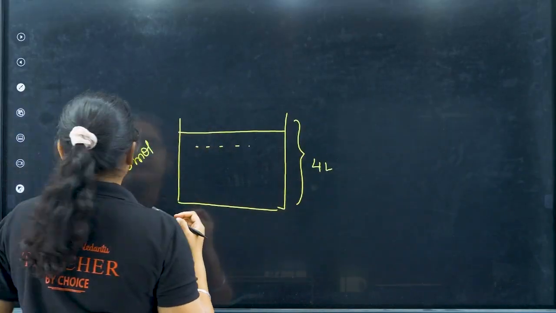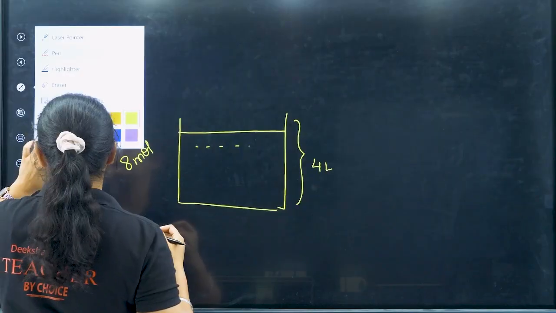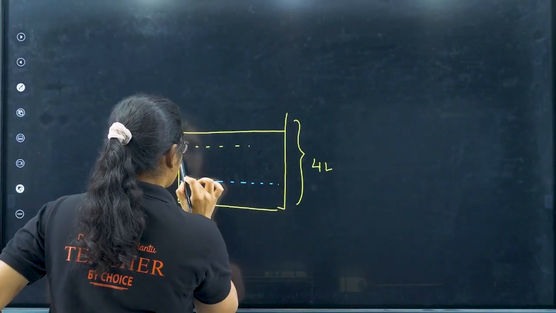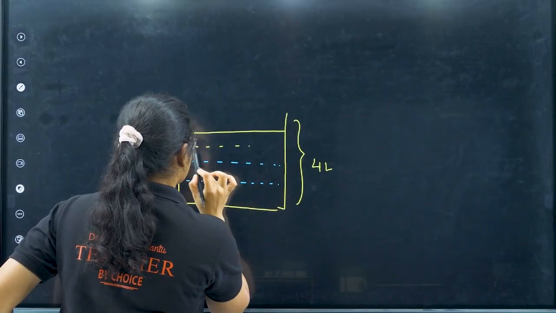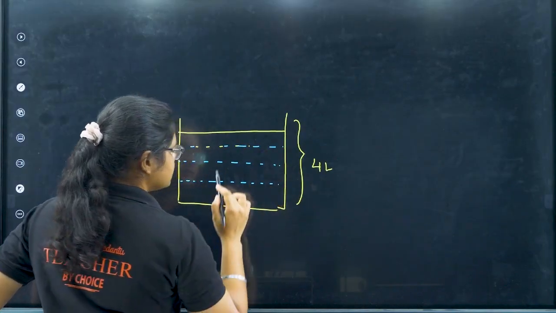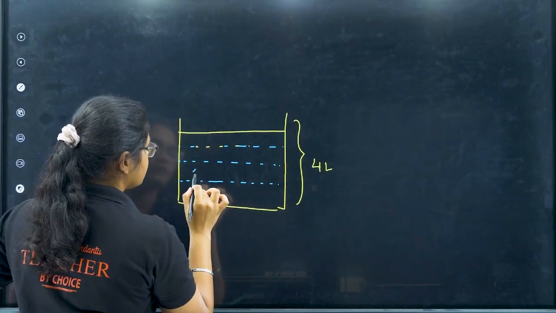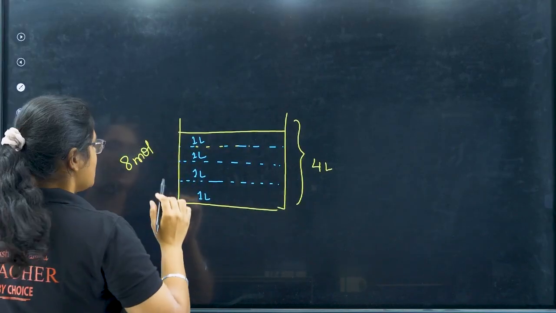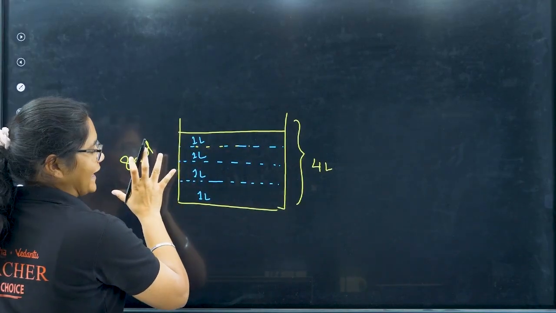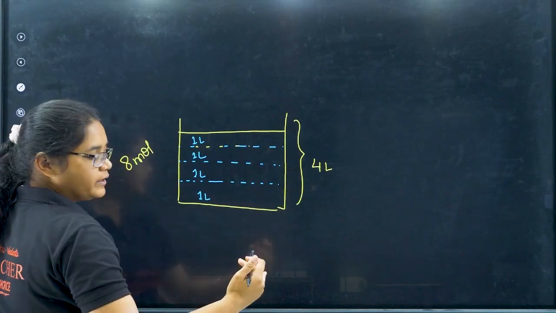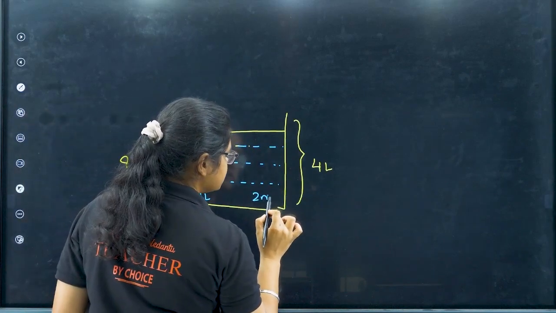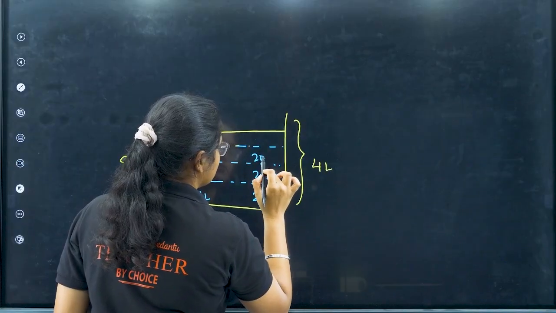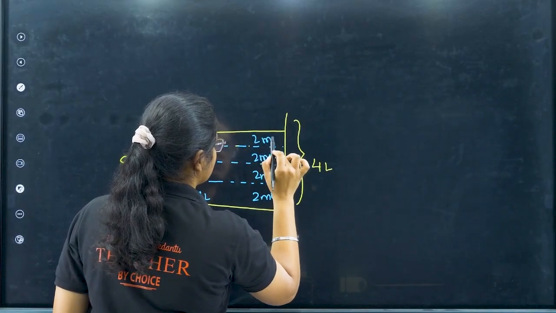How can I divide it? 4 liter means, suppose it is like this: this is 1 liter, this is 1 liter, this is 1 liter, and this is 1 liter. Now the number of moles is total 8 moles. It is divided in this 4 liter. So here it will be 2 moles, here 2 moles, here 2 moles, and here 2 moles.